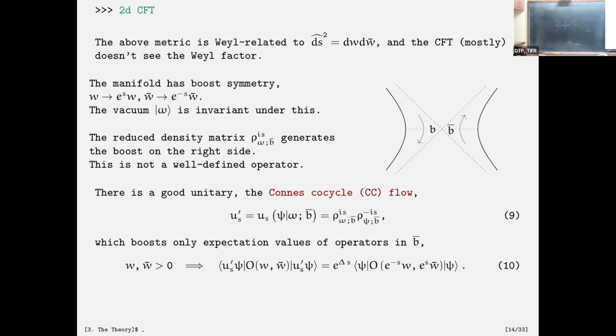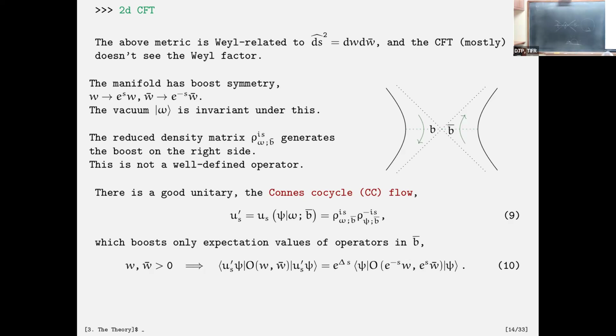Yeah, the co-cycle basically tries to do a boost, but then it undoes the boost, it undoes something else. What this does is it takes the UV modes which are getting kinked over here and unkinks them, but only boosts the IR stuff. So only operators' expectation values get boosted.